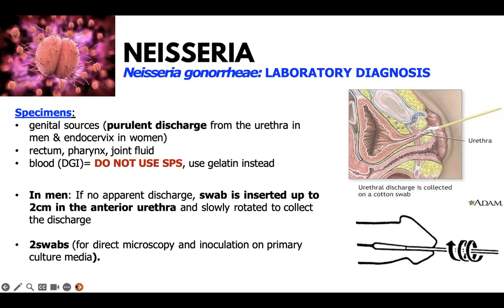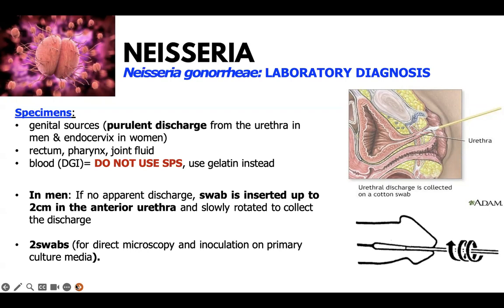Okay? Now, sa mga lalaki, if there are no apparent discharge, pag asymptomatic, pwede tayong mag-swab. Okay, so swab is inserted up to about 2 centimeters into the anterior urethra. And then slowly rotated, gaya niya, no? I-rotate mo para naman yung buong area ng swab mo ay makakolek. Okay?